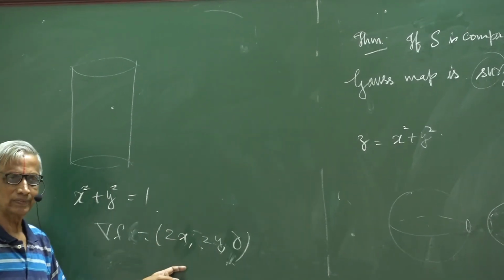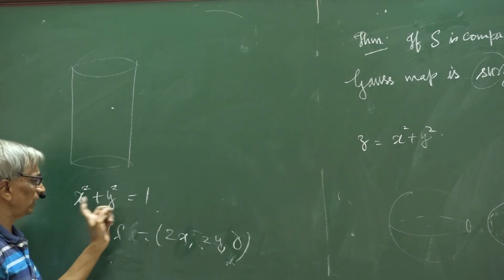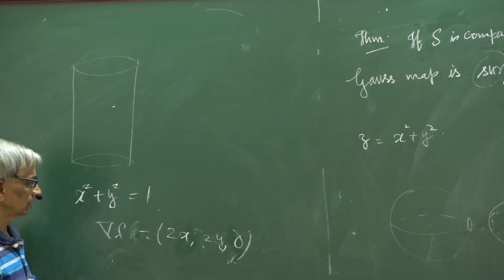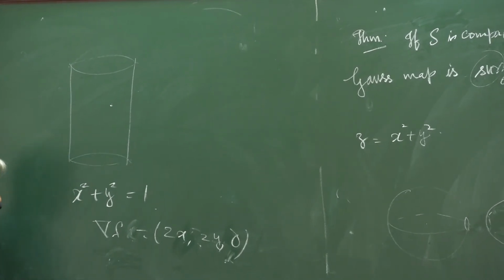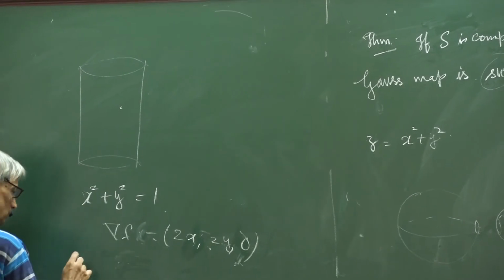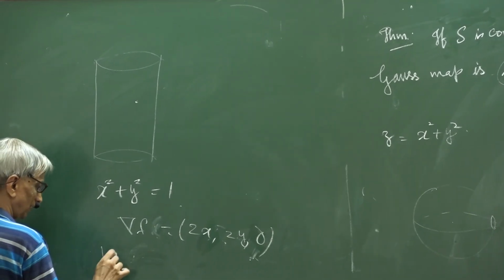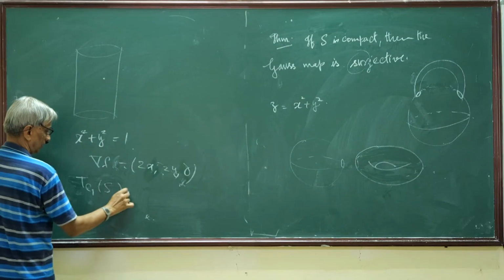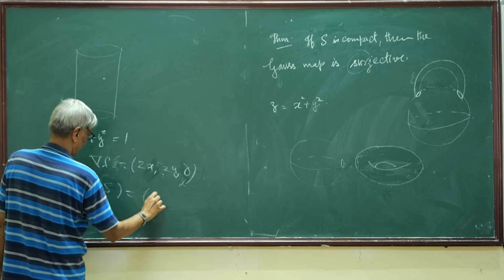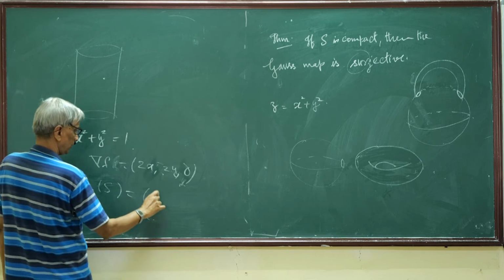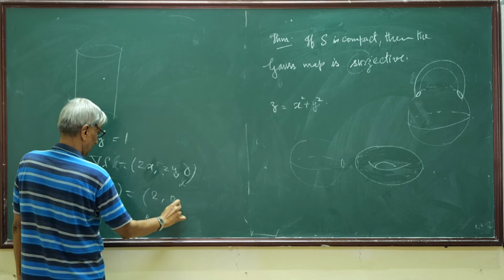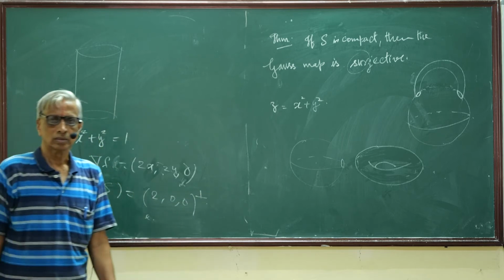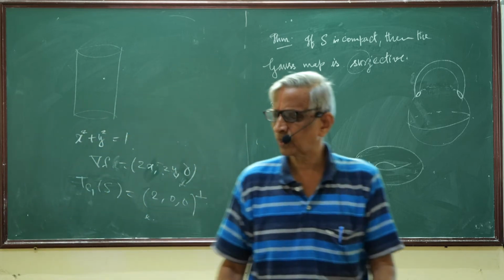What is the orthogonal complement of this, for a point on the cylinder? Let's take some fixed point if you want. So 1, 0, 0, let's say, E1. The gradient is going to be 2, 0, 0, right? So the tangent plane is the YZ plane.